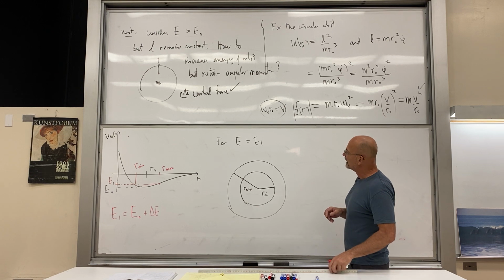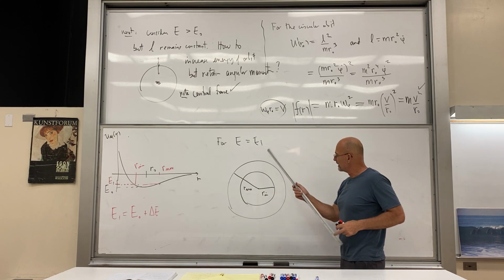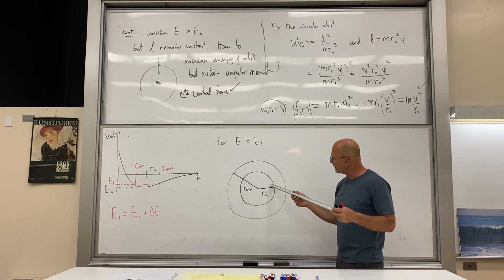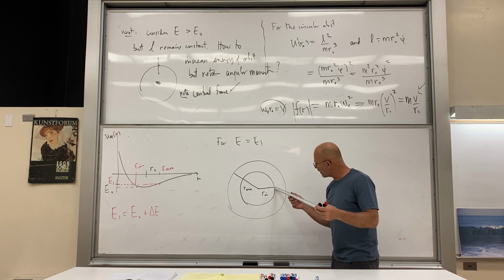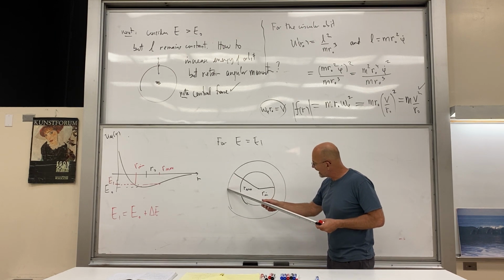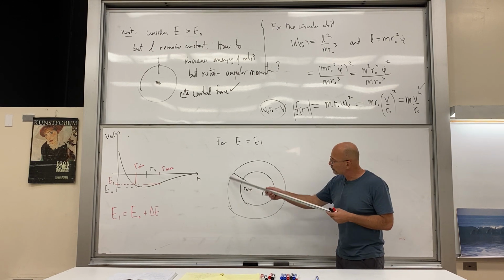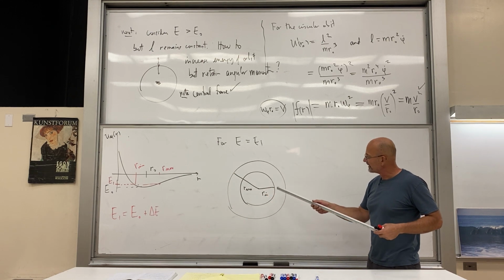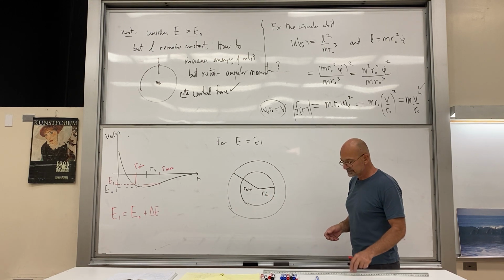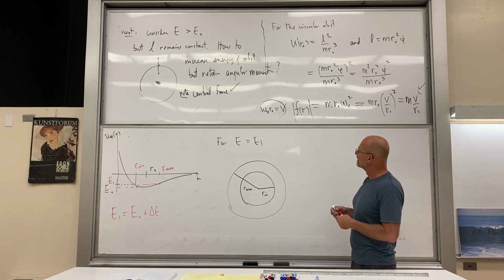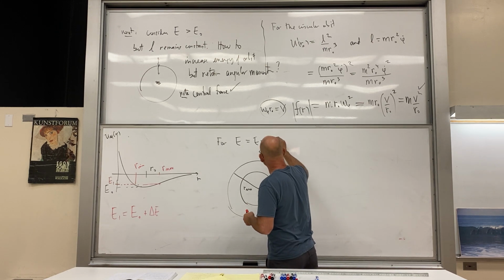Now here's the thing. With the Kepler problem, if you're doing an orbit and you start at R min, you end up at R max when the angle of pi has been swept out. Okay? But that needn't be the case generally. So let's put these words here.